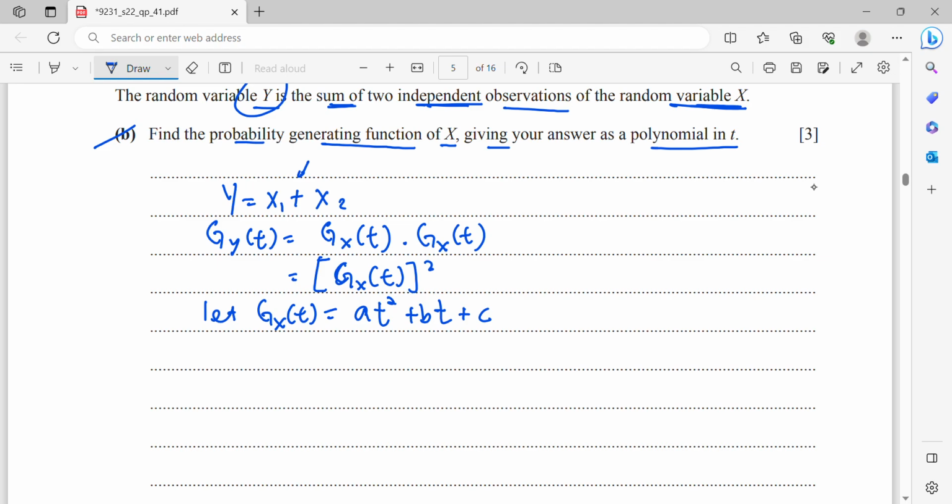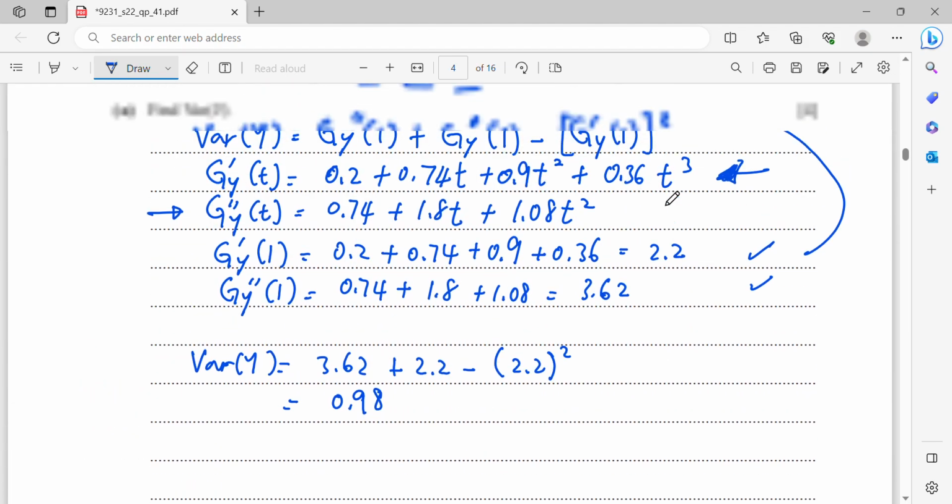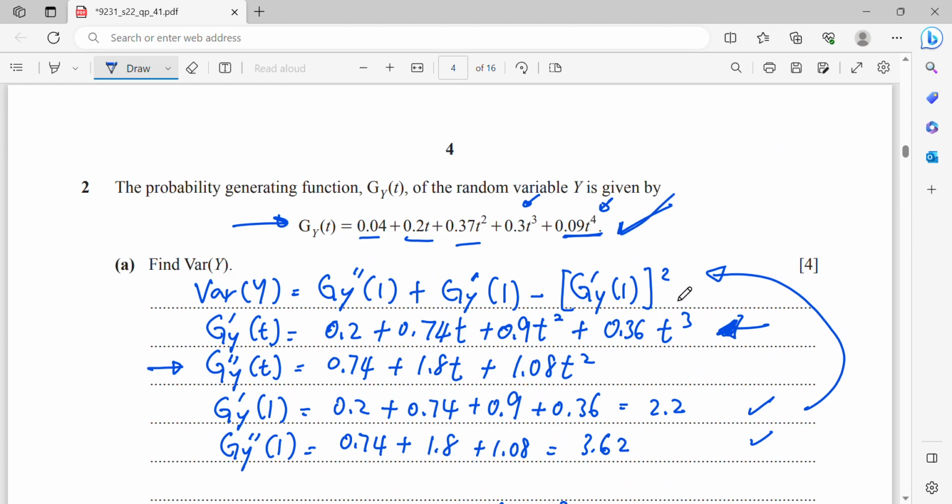So now I will say that my Gy(t), so now I have to rewrite my whole Gy(t) from the question.